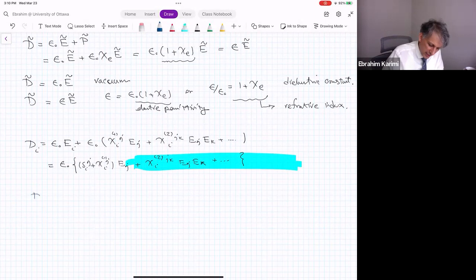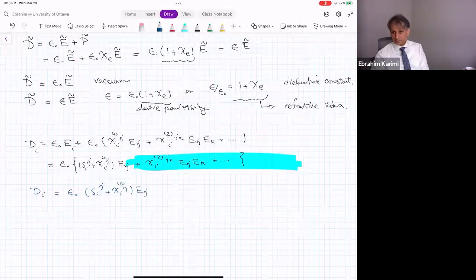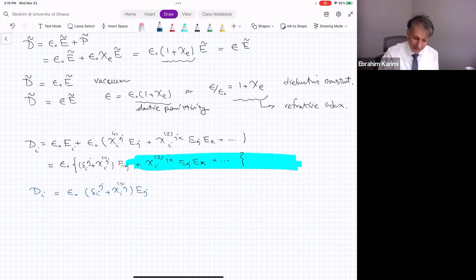However, we stay with this expression, where D_i is given by epsilon_0 (delta_ij + chi_ij^(1)) E_j, which means that the only term that will be added to the calculation that you had is an identity matrix with an epsilon_0 at the front of it.